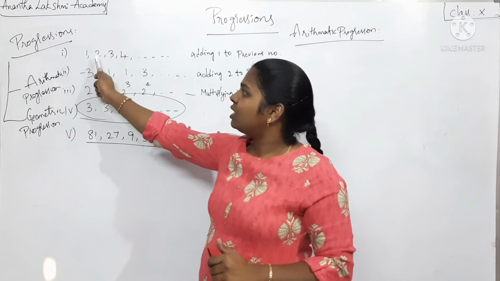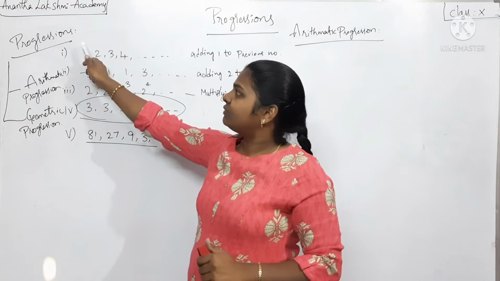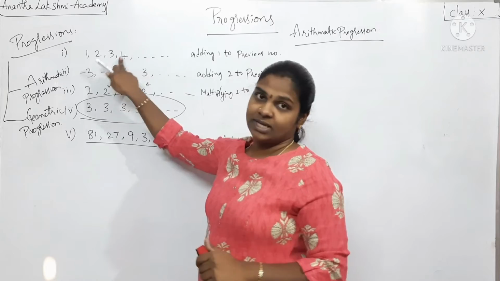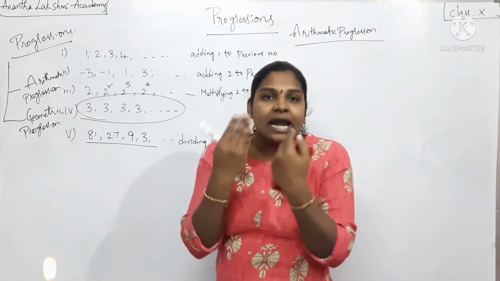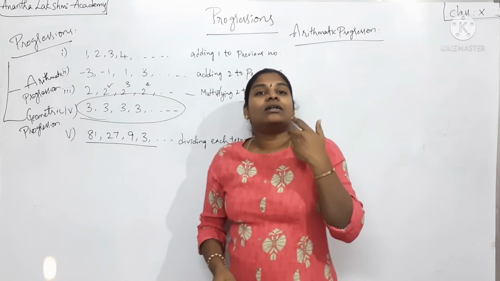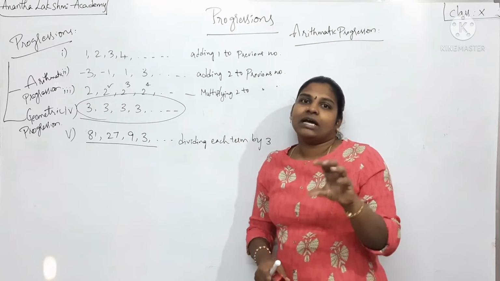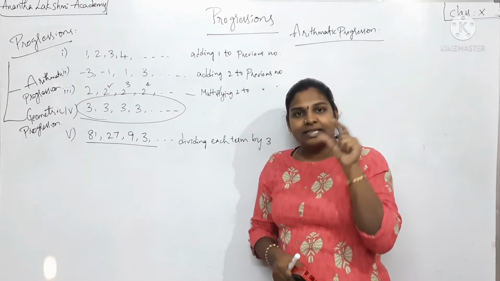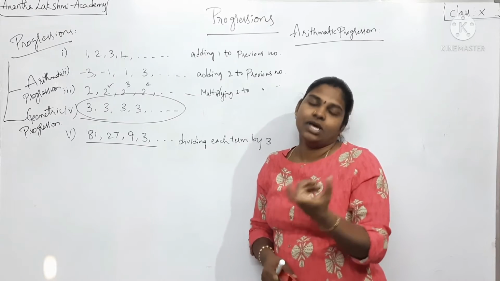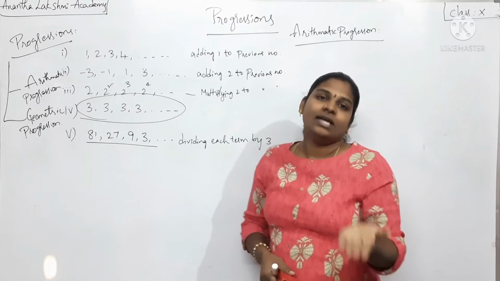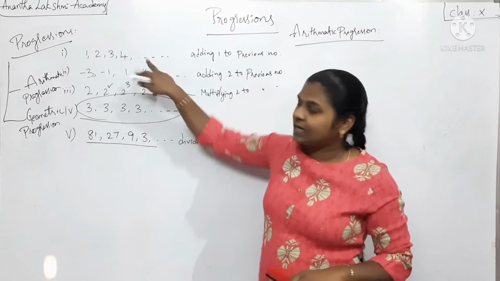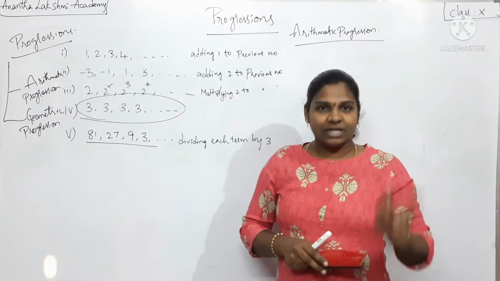Here, if you observe, 1 when I added 1, I got 2. 2 when I added 1, I got 3. So the number that I am adding each time is the same. When you obtain each number in the list by adding a fixed number to the previous number, that is called an arithmetic progression. These two are examples of arithmetic progression.